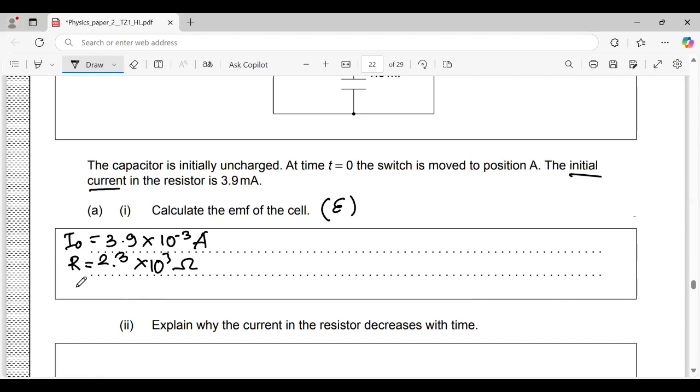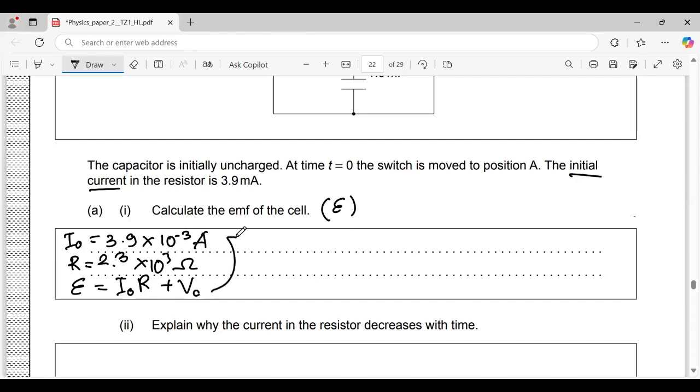And then epsilon, or EMF, equals initial current times resistor plus VC. What is VC? VC is the potential difference across the capacitor.